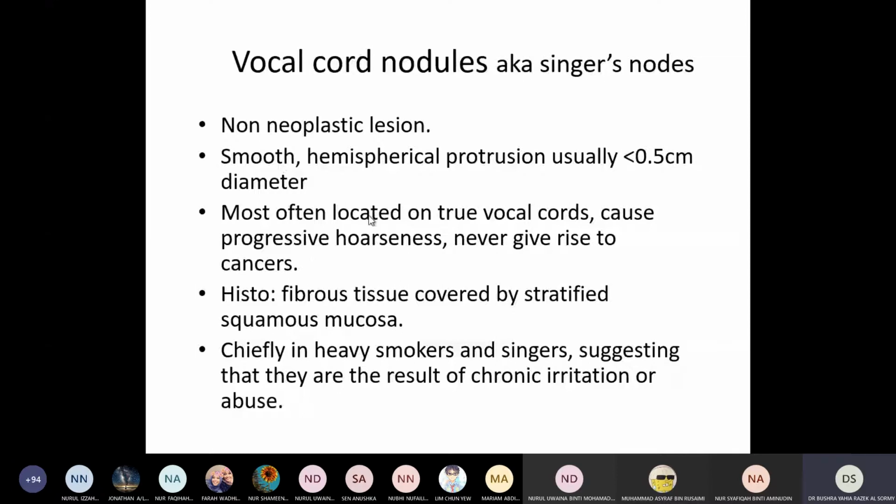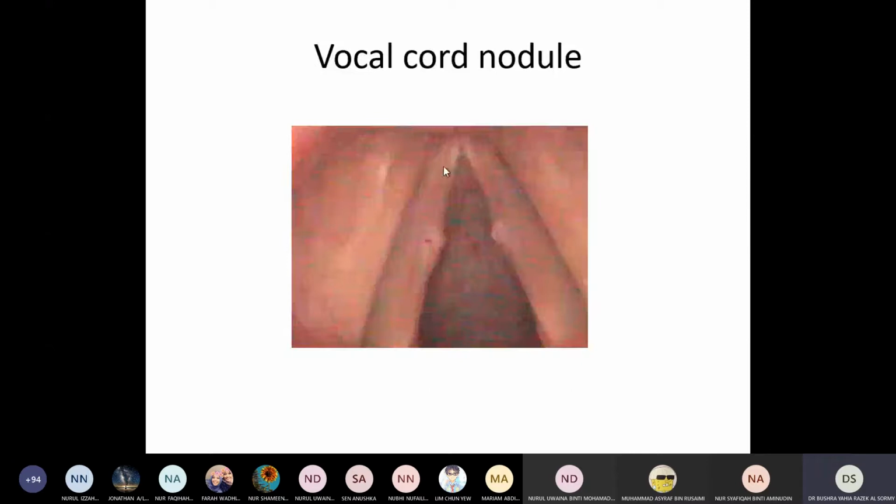It occurs in patients who have chronic irritation due to smoking or abuse of the voice, like singers and also teachers. Histologically, it is fibrous tissue covered by stratified squamous mucosa. You can see this is the vocal cord and this is the nodule, a small nodule. So the patient usually presents with hoarseness of voice.